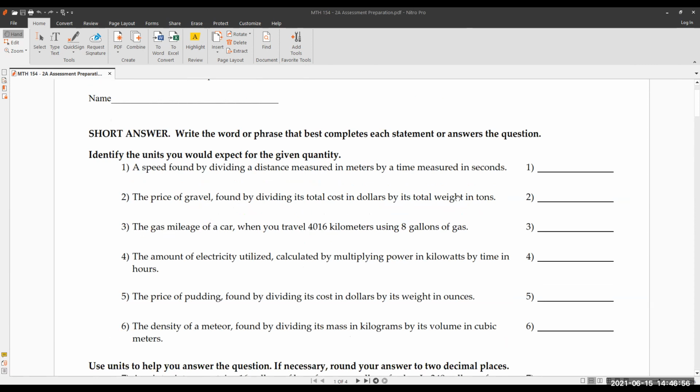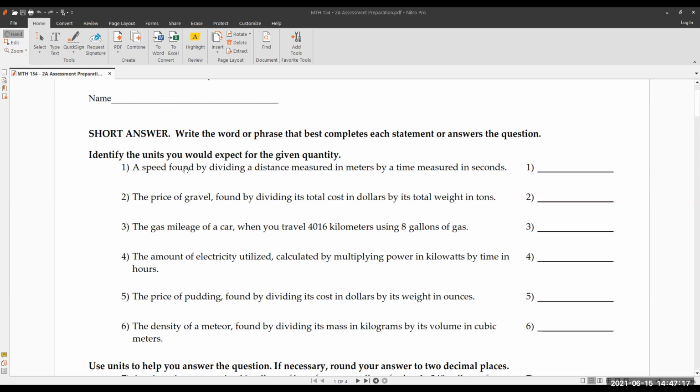So the first thing we need to look at here is what it is that the units are telling us, that they are a rate of change of some kind. So we read the rate of change that's in the sentence, and that's going to tell us our units of measure for the given quantity.